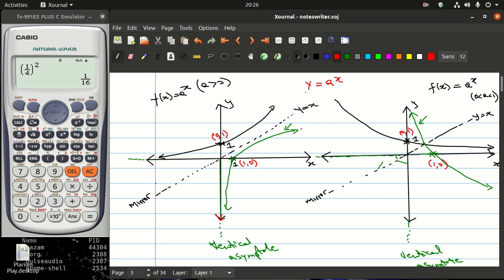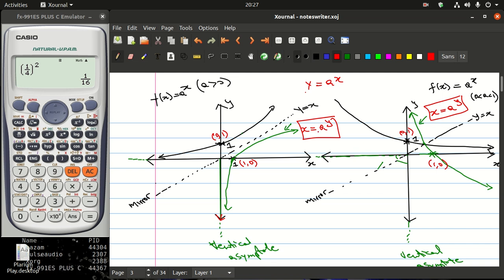This curve here interchange x and y, so this curve is x is equal to a to the power y, and also in this particular case here, x is equal to a to the power y. So that's what this curve is.